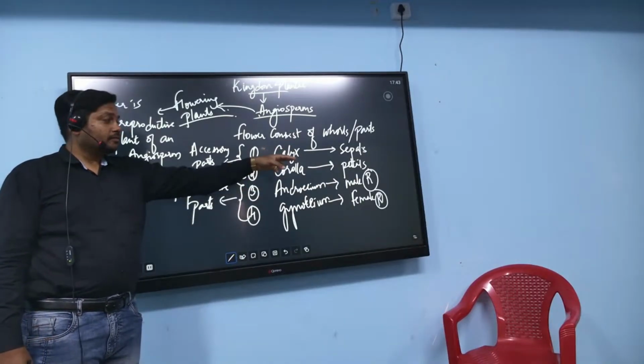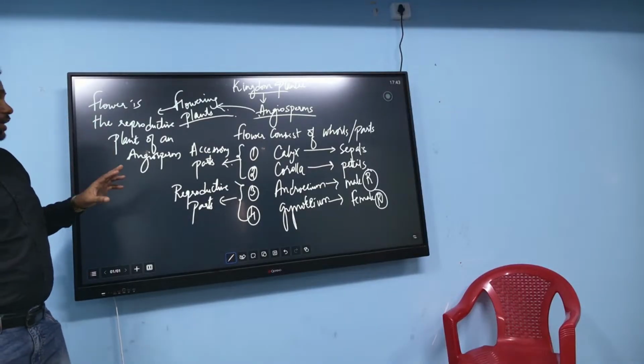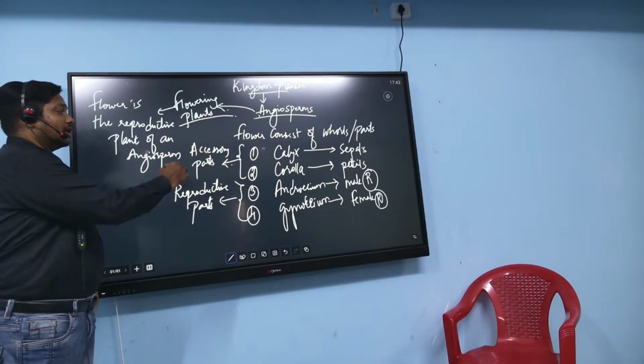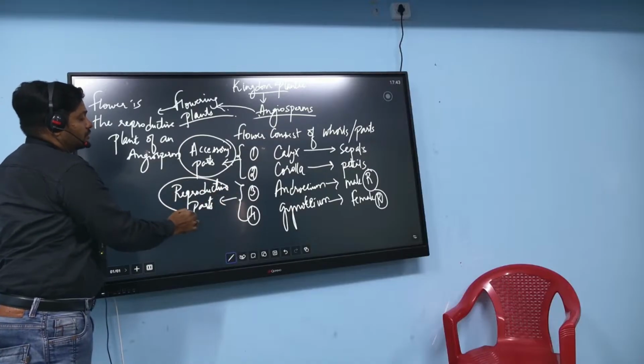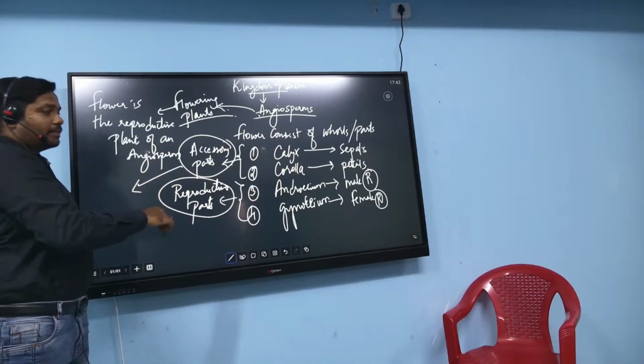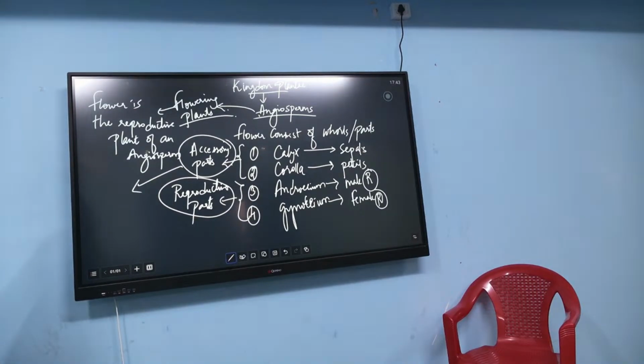Androecium is the male reproductive part, gynoecium the female reproductive part. Calyx and corolla are also called accessory parts, and androecium and gynoecium are reproductive parts. The part which is involved in the reproduction is called the reproductive part.